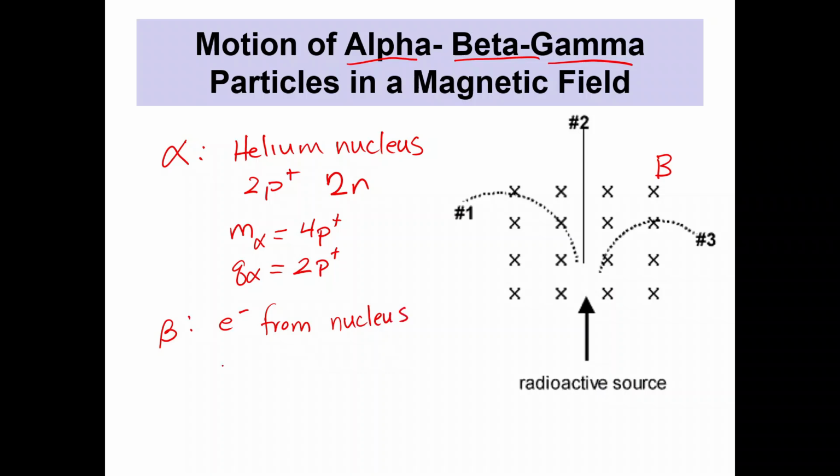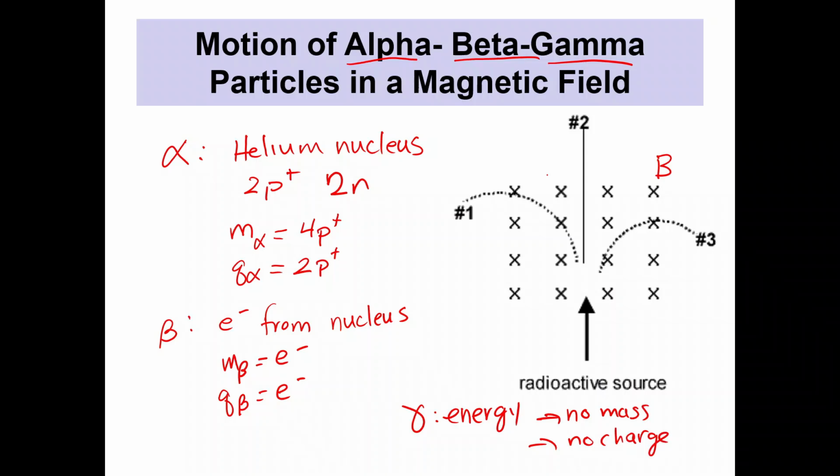Therefore, the mass of beta is equal to that of an electron, and the charge of beta is equal to that of an electron. Gamma is just energy, so it has no mass and no charge.